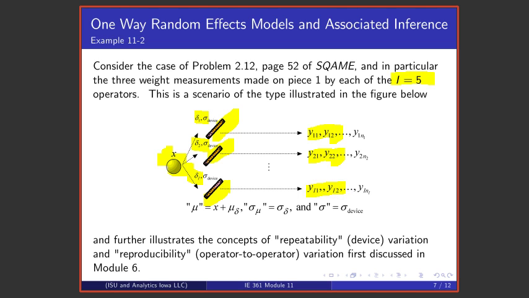Again, in this context, in the one-way random effects model, mu is the measurand plus the average of all operator biases. The variability measured by sigma sub mu is the variability in the biases, and the sigma is this repeat variation that one has for a particular device, for a particular operator.